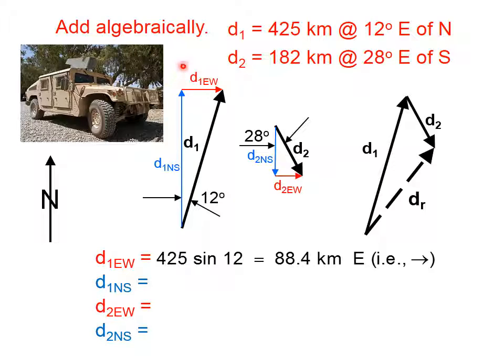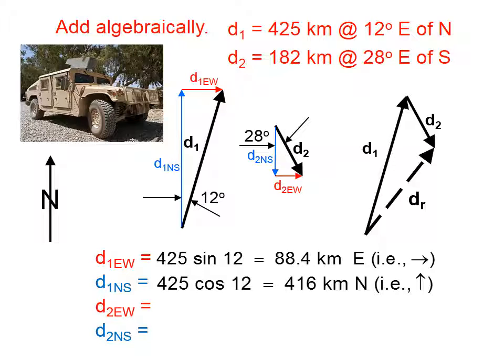We'll start with the east-west portion of d1. In order to find that, I'm going to need to use the sine of 12. 425 times the sine of 12, 88.4 kilometers east. Remember that these component vectors have directions. They're not lines, so you have to point them in some direction. That's very important when you get to adding the components together.